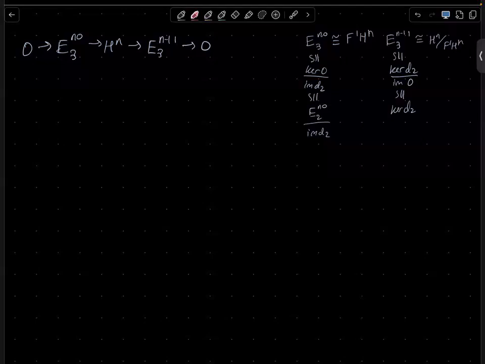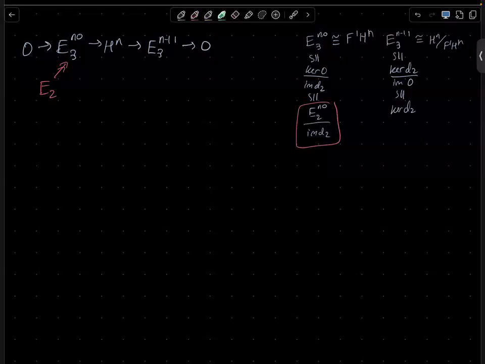So maybe I want to involve the E2 terms. E3 N0 is a quotient of E2 N0, so there's a surjection that I can do like this.